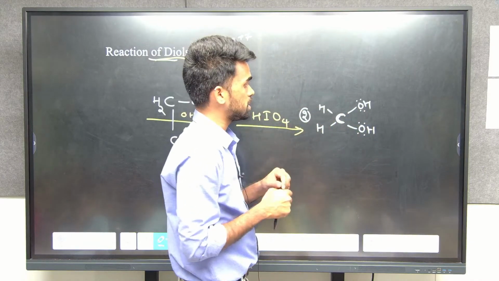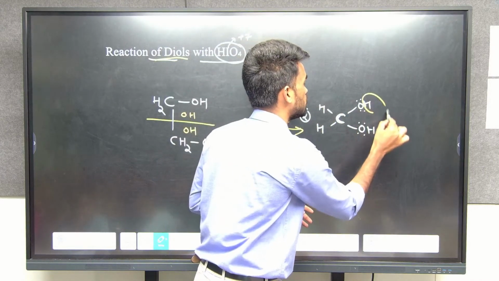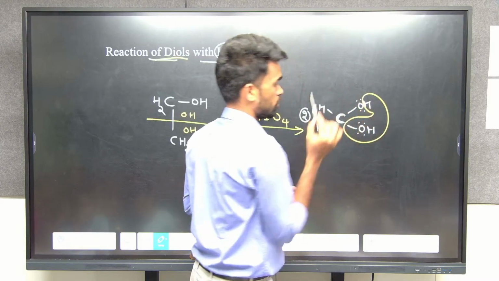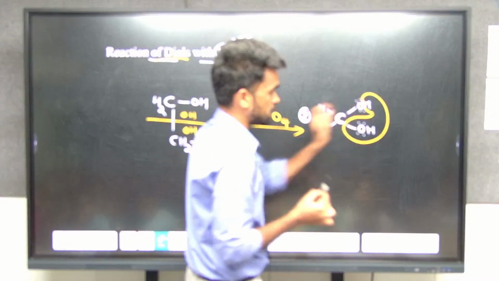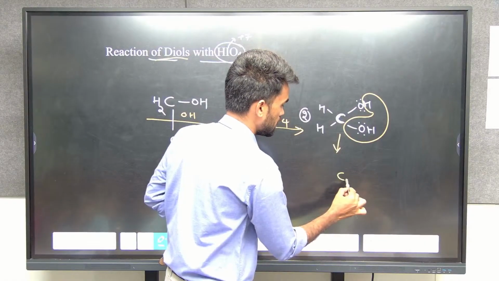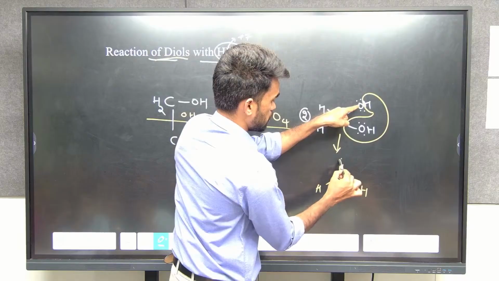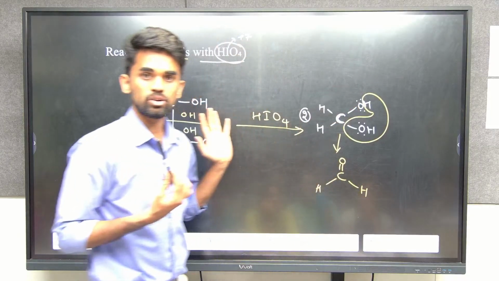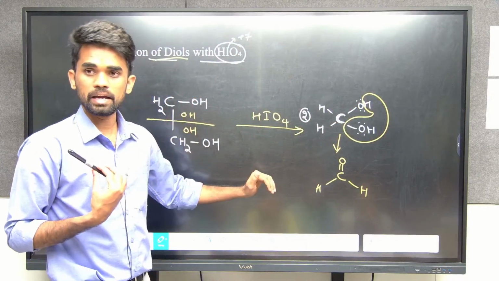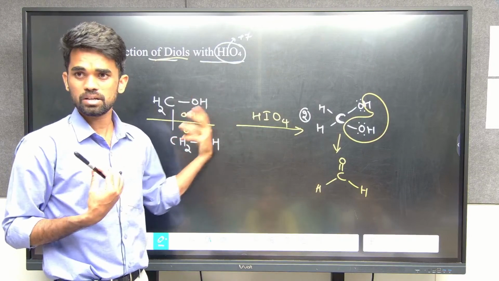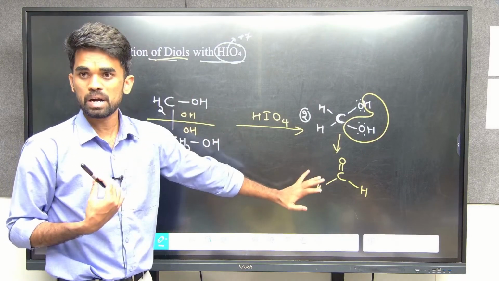So due to this reason, you need to remove water molecules from it, like this OH and H. After removing, one H, another H as it is, and this oxygen gets a double bond like this. So what is the final product? Aldehydes or ketones depending on the compound. So here we got formaldehyde as a product.